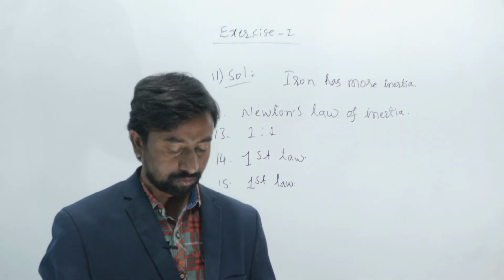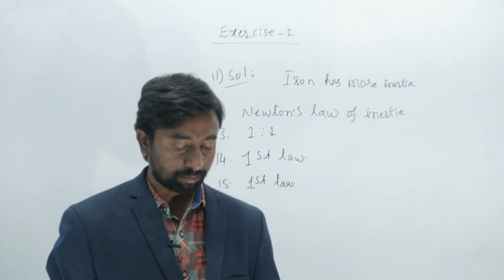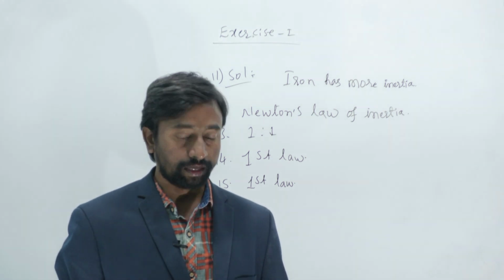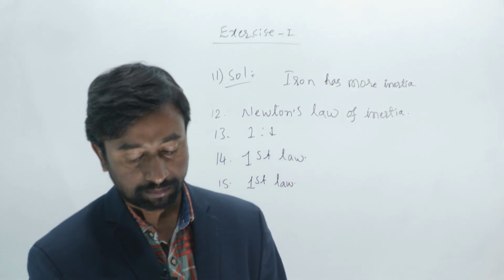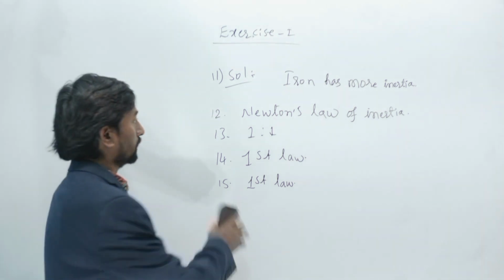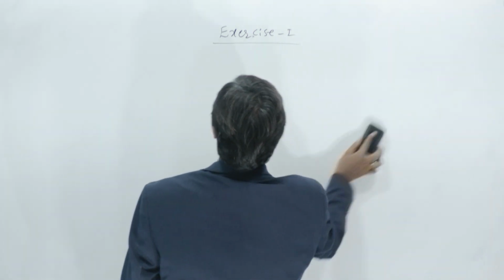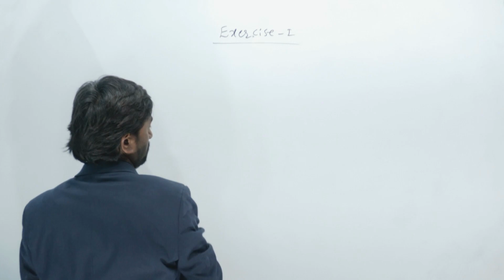Now synopsis 2 is about the linear momentum. So now we'll see the linear momentum of a body. What is the linear momentum? Linear momentum is nothing but the product of mass and velocity.